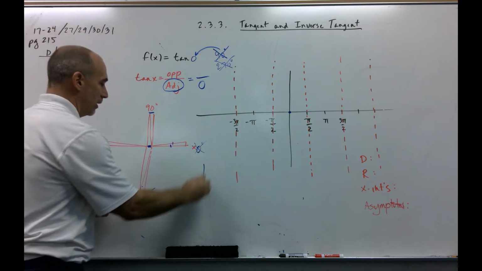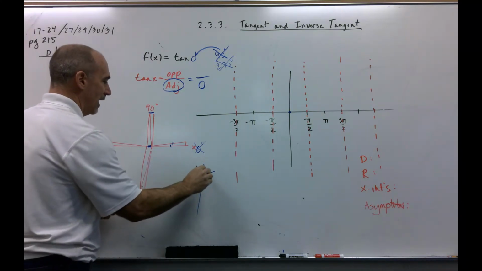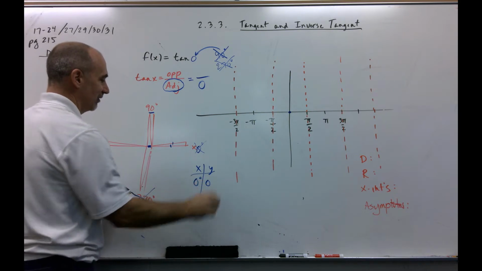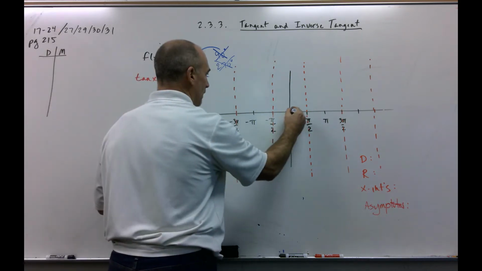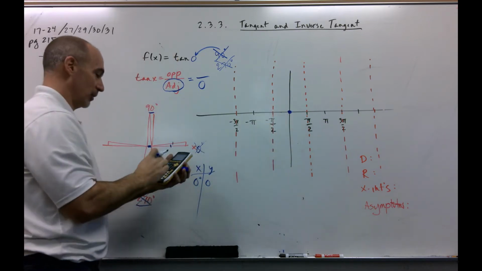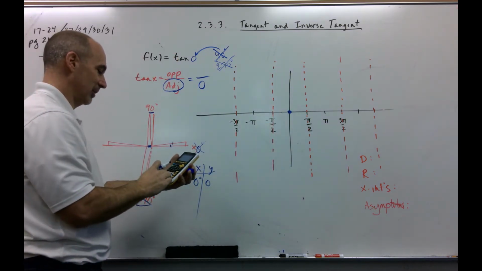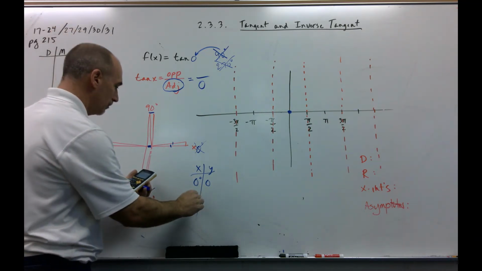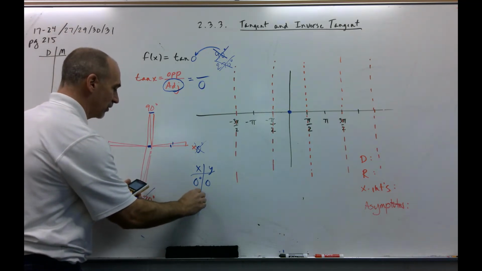So if I plugged in x and then y, 0 degrees, I'd get 0, which means it's right there. Now I'm going to plug in negative 45 degrees and see what happens. Tangent negative 45, and I get negative 1.